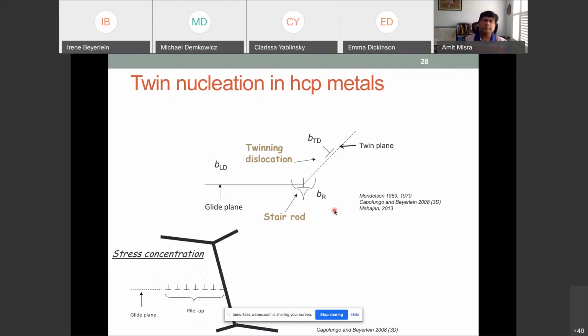So the idea became that for this high stress, you would need, for instance, a high stress formed by a pileup. If you have a large pileup of slip dislocations, the first dislocation at the head of it that's stopped can experience a high enough stress to dissociate into multiple twinning partials and then form a twin.